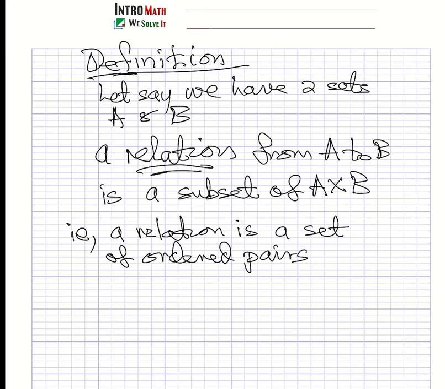A set of ordered pairs where each first element of the ordered pair, right, comes. I'm sorry, I'm going too fast. Each first element of the ordered pair.